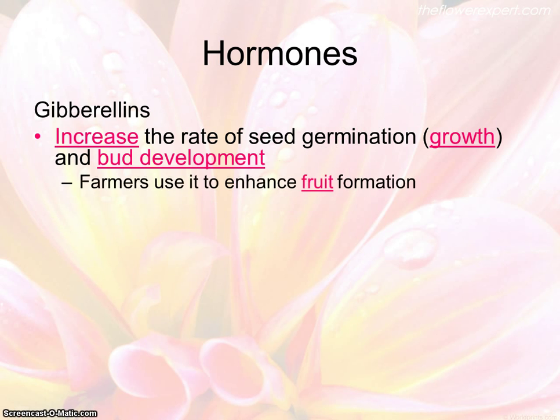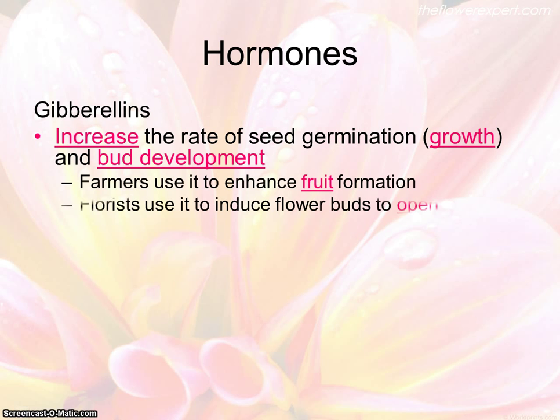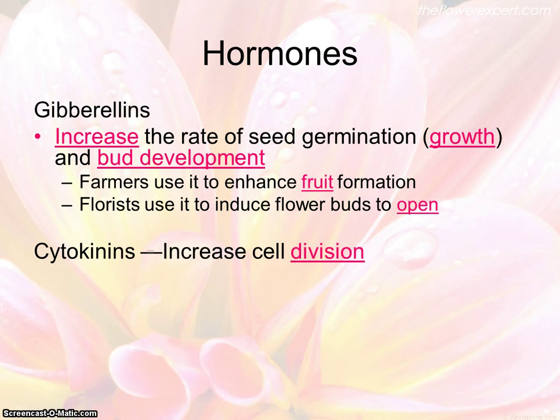And this is going to once again tie into external stimuli, okay, weather patterns. Florists and gardeners and farmers like to employ these hormones into their plants to help enhance fruit formation. Okay, get bigger strawberries, juicier apples, that type of thing.